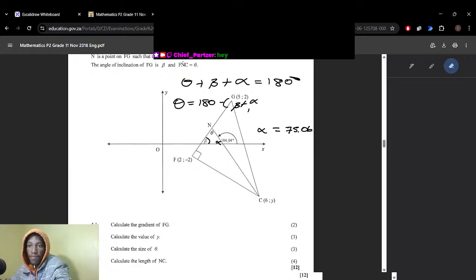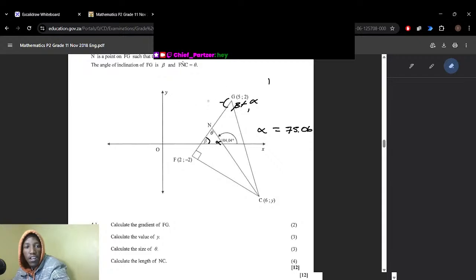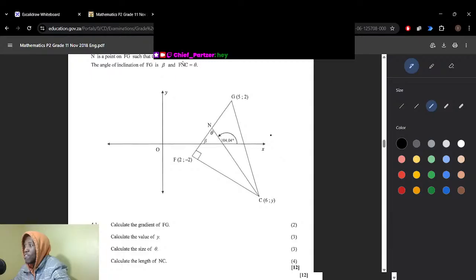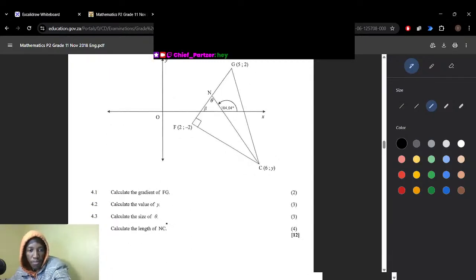All right, so let's rub this off. So we have calculated angle theta. Calculate the length of NC.